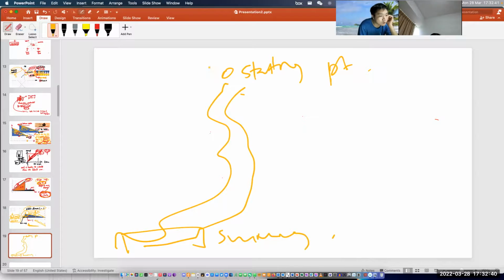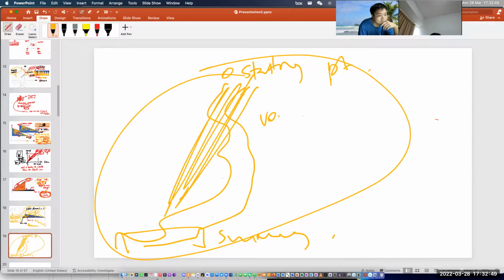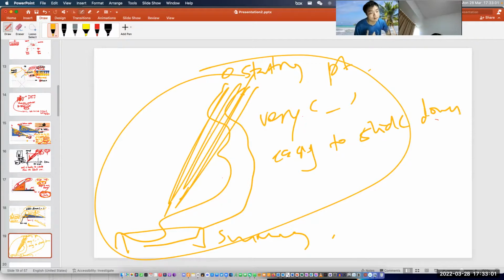A lot of students love playing this slide because the gradient here is very, very negative, so it's very easy to slide down, and they can experience the feeling of coming down fast.